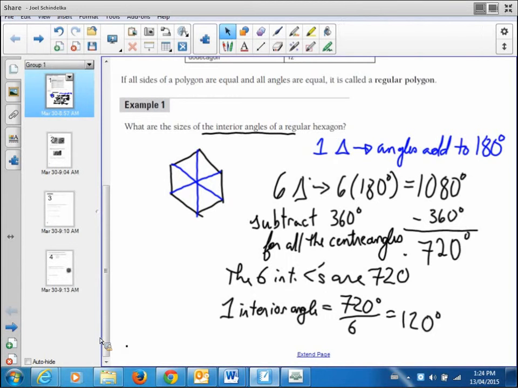That means any one of those angles is 120 degrees. That's what we just found out.